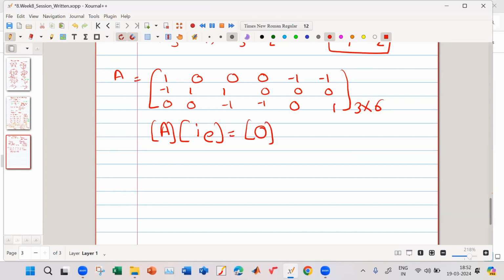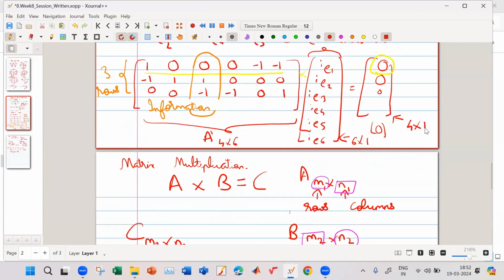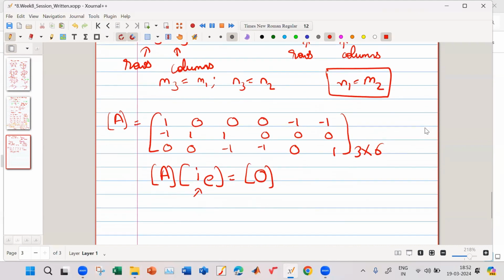So this is your matrix A. What is your matrix IE? I1 to I6. Okay. So this is your matrix IE. And this is your 0 matrix. So this is your multiplication, A into IE becomes 0.